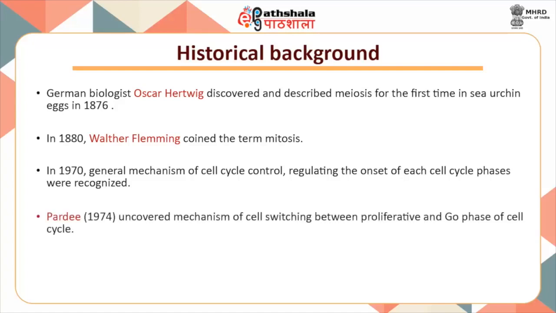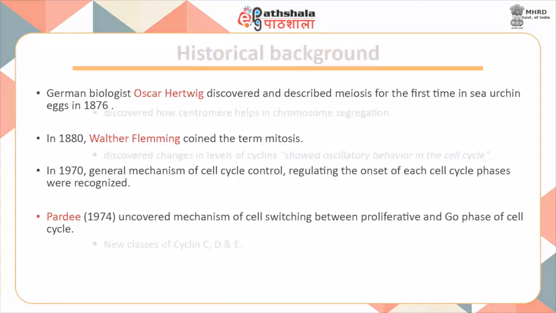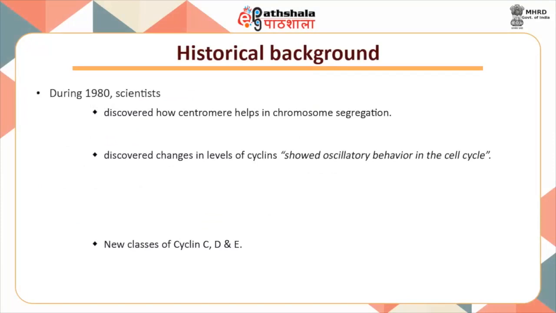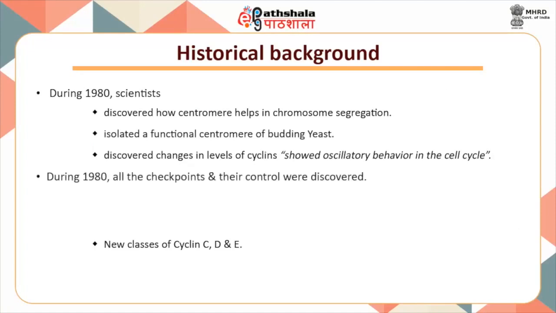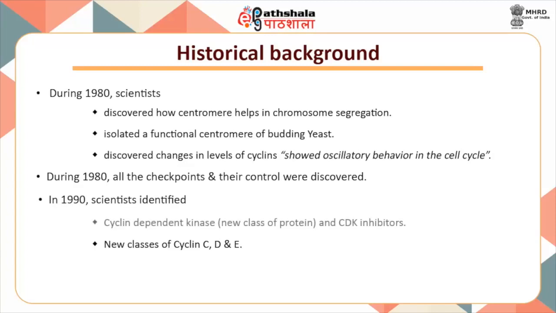In 1974, the mechanism of cell cycle switching between proliferative and G0 phase of cell cycle was discovered. Later on in 1980, various new discoveries came to light, like the discovery of centromeres from budding yeast, checkpoints and their controlling mechanism, etc. In 1990, scientists identified cyclin-dependent kinase, that is a new class of protein, and CDK inhibitors.